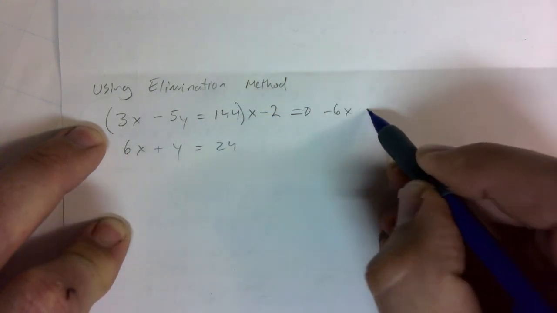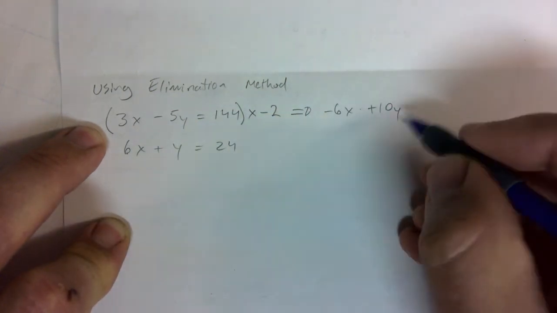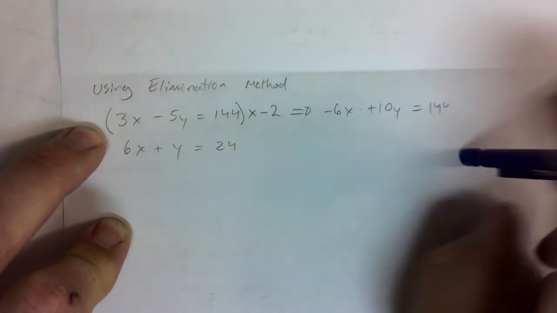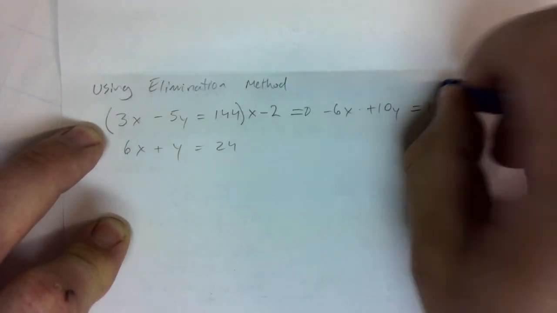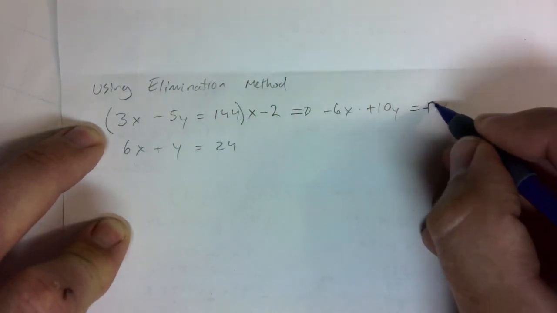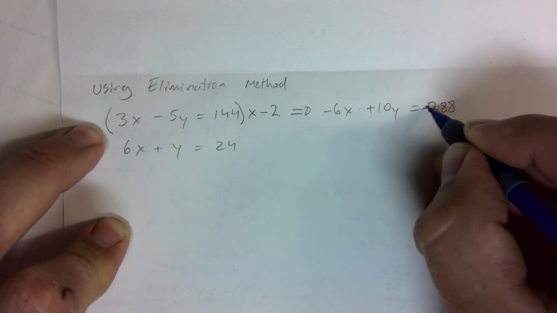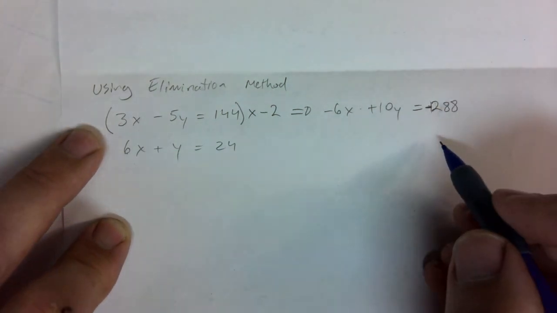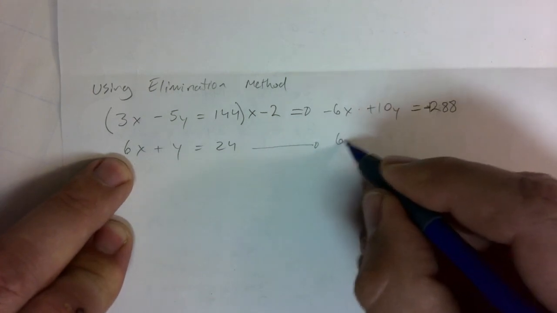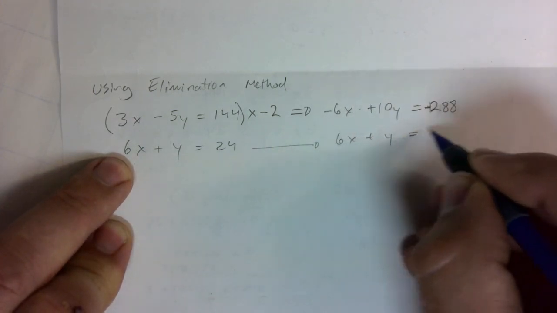which would give me negative 6x plus 10y. You got to be careful, or else you're going to get a 0 out of that question. You don't want that. Oh, almost missed this one. 2 times 144, that's negative 288. Okay? Negative 288. Almost forgot that. And I'm just going to bring this over. No changes made.